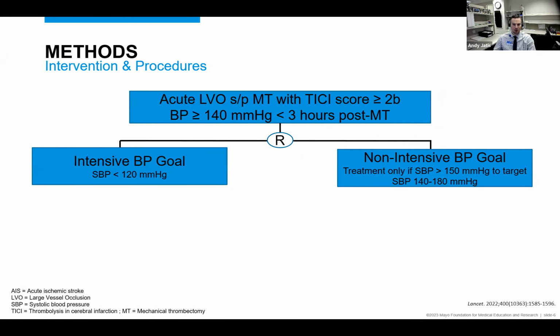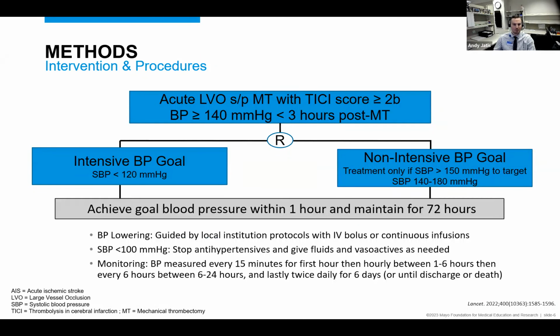Our two different arms here were an intensive blood pressure goal of a systolic blood pressure less than 120 millimeters of mercury versus a non-intensive blood pressure goal. I would note that treatment was started for these patients if they had a systolic blood pressure greater than 150, but their actual target was to maintain the range of 140 to 180. I think that's important to note, as they weren't strictly just targeting a range of 140 to 180, they were actually starting therapy sooner than reaching that upper limit of 180.